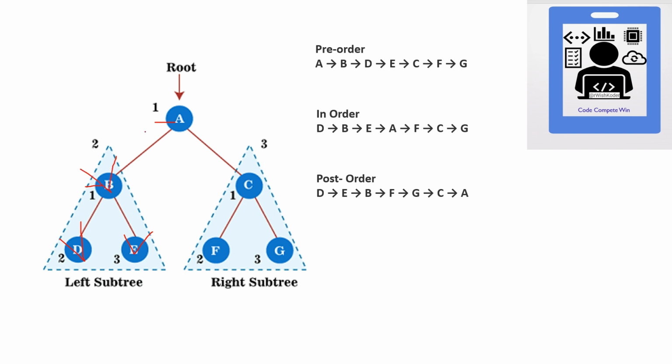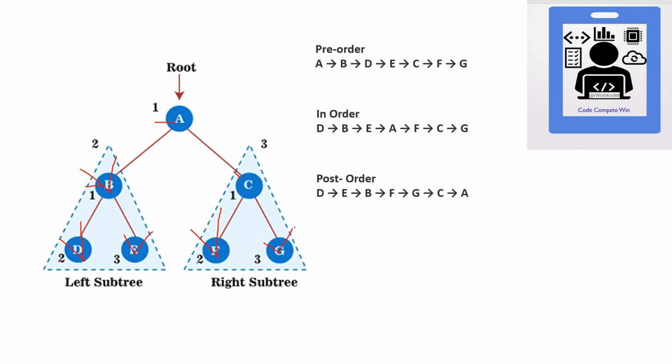And again we go back to A and start visiting the right subtree of A, that is C, and we go to the left subtree of C, that is F. As F didn't contain any left and right subtree, we print F, and again we go back to C, and from C we go to the right subtree of C, that is G, and print the data inside G, as G didn't contain a left and right subtree.